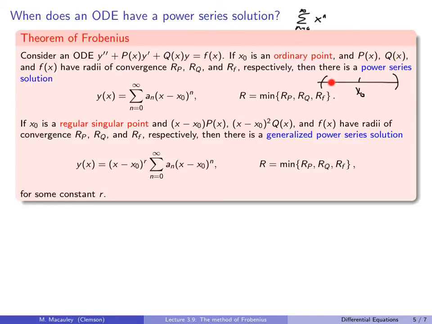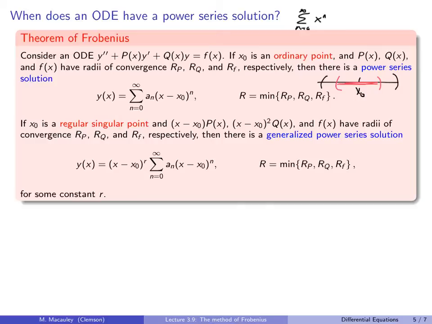So maybe Q converges in this interval, and maybe F converges in this interval. Well, that means we take the smallest interval, that's going to be this one, because this is the smallest interval in which all 3 of these things are going to converge. And in that interval, there will be a power series solution that will converge. So that's what happens when we have an ordinary point.